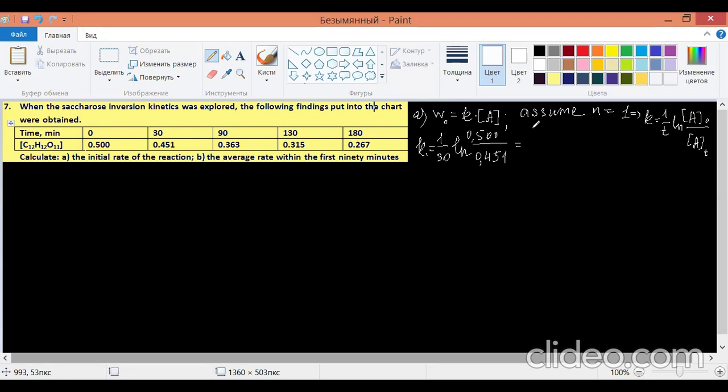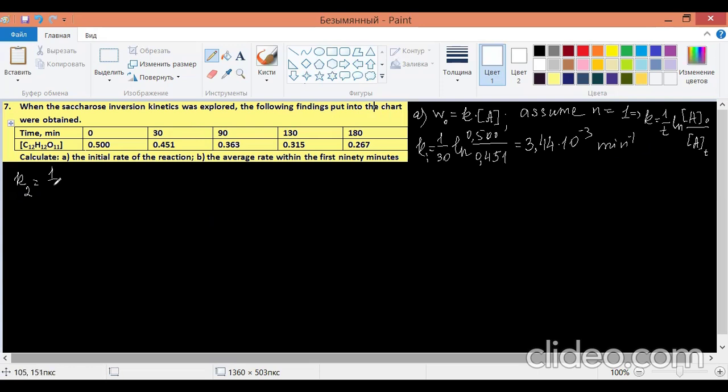Logarithm, now we divide by 30, and we got 3.44 times 10 raised to minus 3 minutes raised to minus 1. Okay, that's K1.